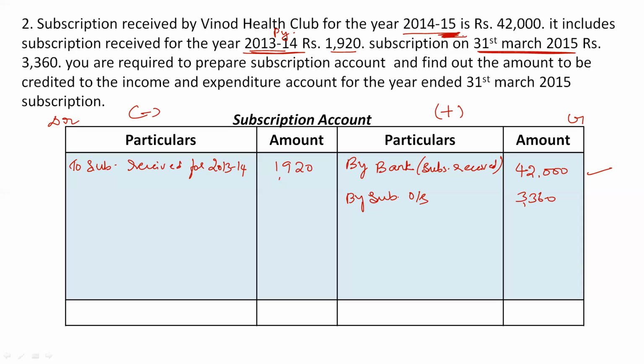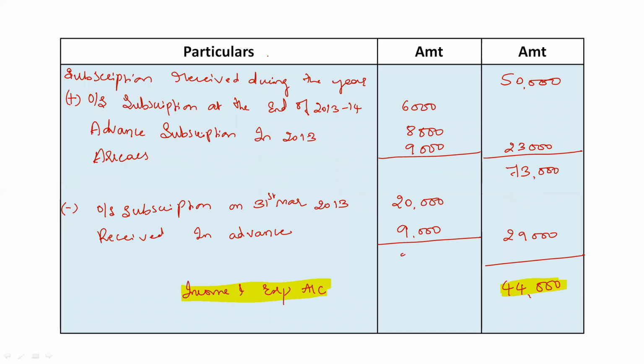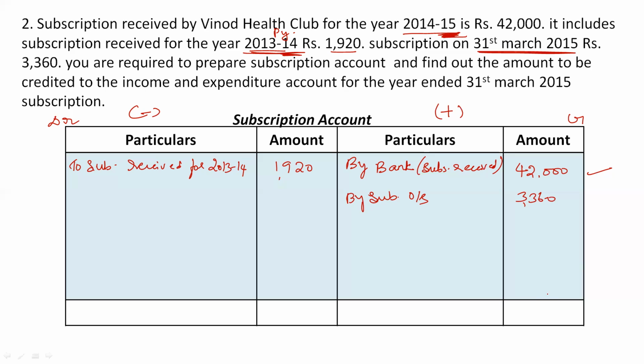Any advances related to the previous year 2013-14, we will add, because they will be related to the current year. In the previous question we did not prepare it in account format, but we found the amount. In this question we have prepared it in account format, and again we are going to find the amount which is to be transferred to the income and expenditure account.